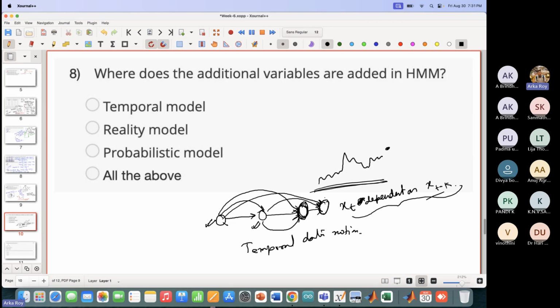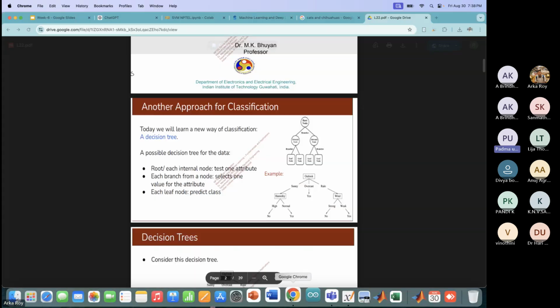Therefore, if you want to add new additional variables, you can add them in the form of temporal data. And in general, hidden Markov models are quite widely used in biological data processing as well as biomedical signal processing.